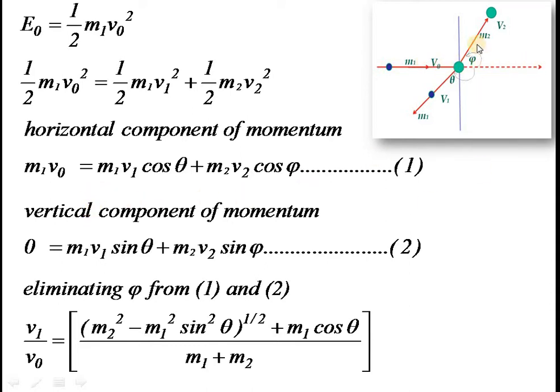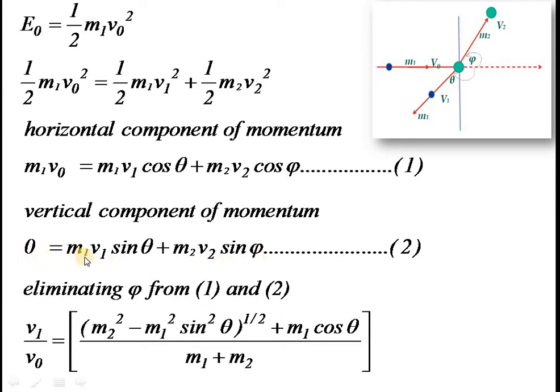Similarly, along the vertical axis, initially there is no momentum, so 0. After collision, we have a vertical component of the projectile, that is m1 v1 sin theta, and the target atom's vertical component will be m2 v2 sin phi.